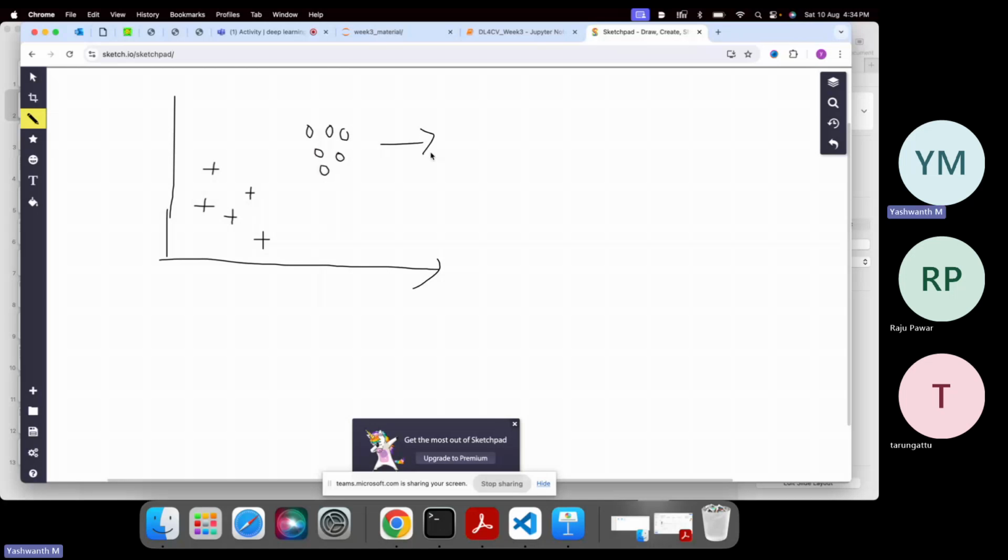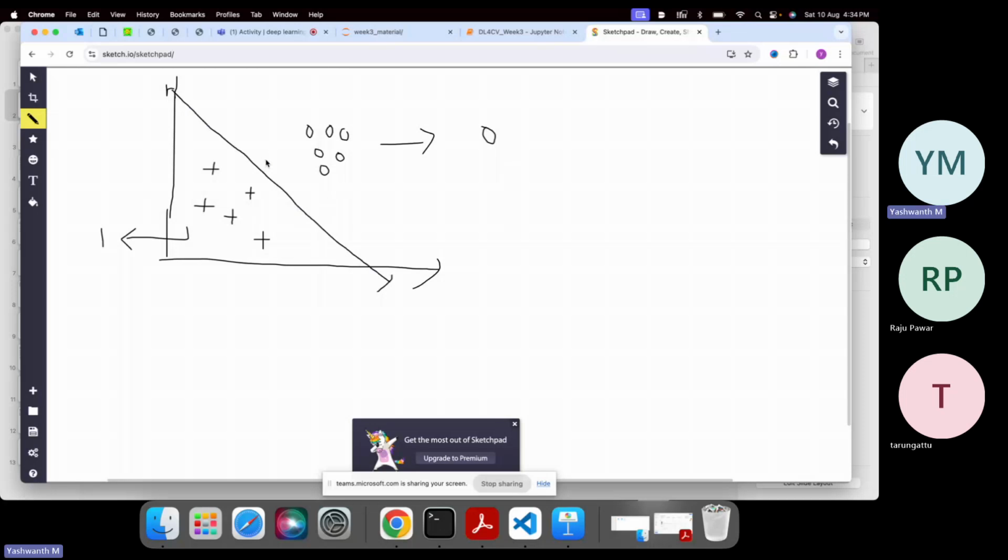O means class zero, plus means class one. So we need to find a linear classifier which separates these two sets of data points, something like this. Because we can see the data and say that they are separable, we draw a line. So how does a machine find this out?